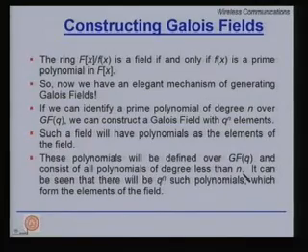See, we are talking about taking modulo f(x), and small f(x) has highest power n, right. So, you can have the coefficients f0, f1, f2 up to f(n-1), and all the polynomials that will remain if you perform this operation will have degree less than n, but there will be n coefficients. Now, each of the coefficients can take value as one of the q elements of the Galois field. So, there will be q raised to the power n such polynomials.